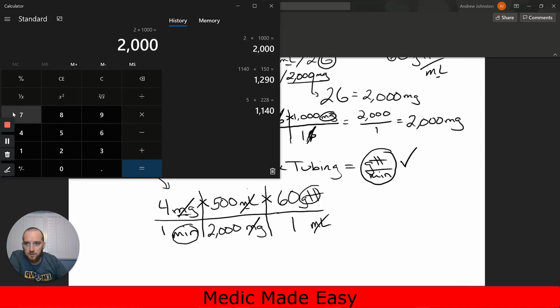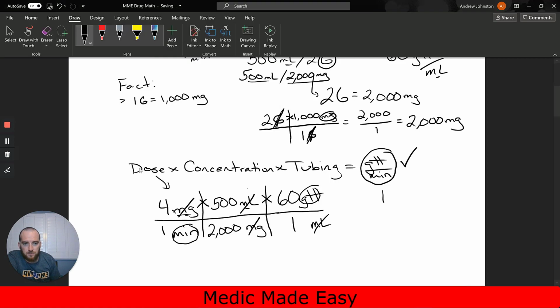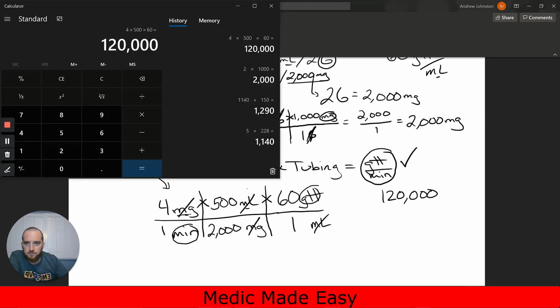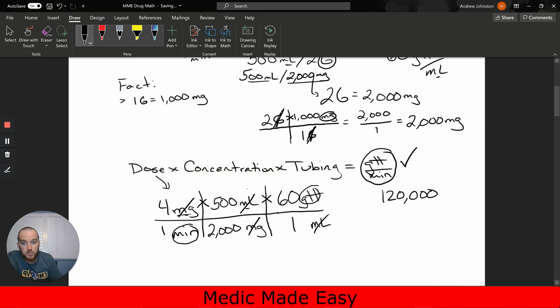We have 4 times 500 times 60 equals 120,000, if I saw that right. Cool, so that's just the top, right? 4 times 500 times 60 on the calculator gave us 120,000.